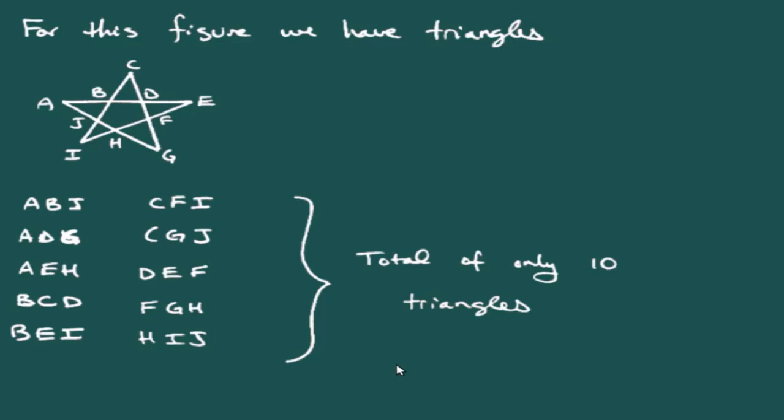Then we write down all of the possible sequences of increasing order, so increasing alphabetical order, and then from all of those possibilities we go back to our geometric figure to see if any of those sequences actually do correspond to one of our triangles in our figure.